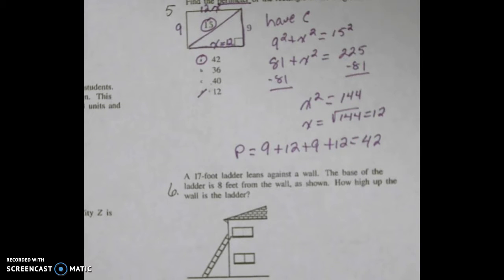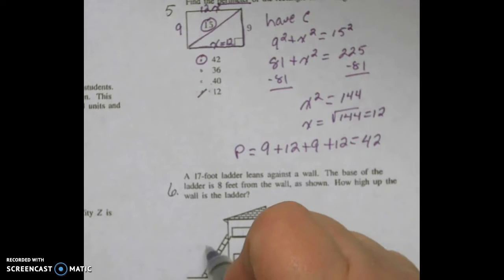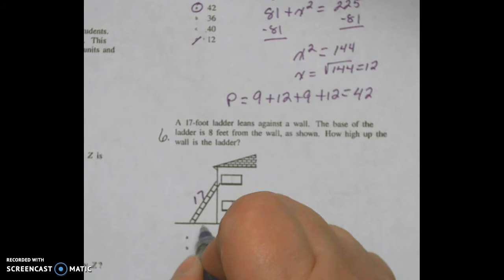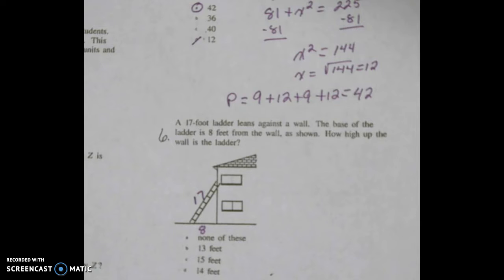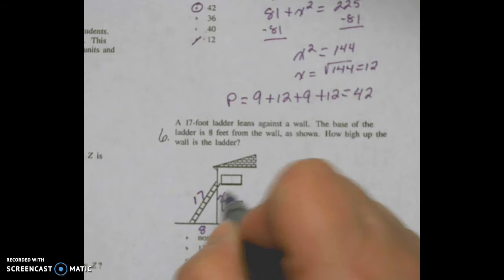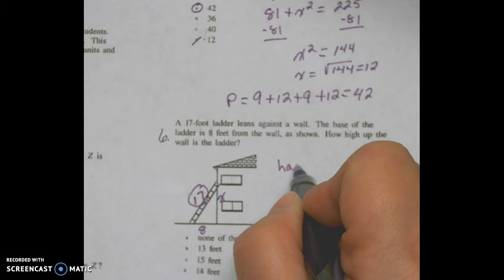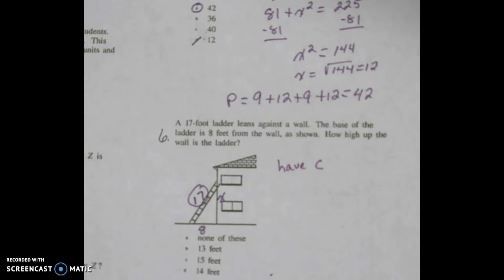Question number 6. I have a 17-foot ladder that leans up against a wall. The base of the ladder is 8 feet from the wall, and they want to know how high up the wall the ladder is. There's my x. Notice that I have the hypotenuse. I'm looking for another side of this problem.